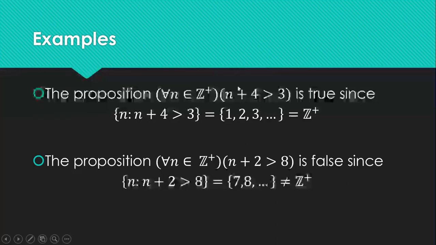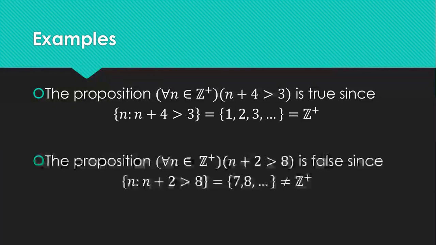That is why, if we check individually the elements of the set of positive integers substituted to the given p(x), n + 4 > 3, it will provide a true value for all the elements of the set of positive integers.